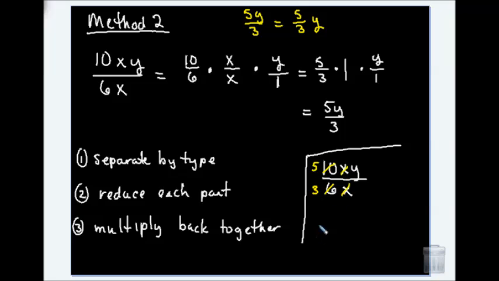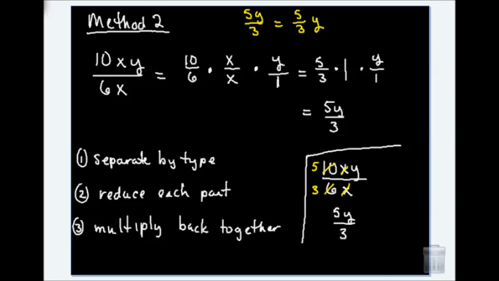So if this is something that you can do, then you can do it all in one piece. You don't have to split it all up, but again, everybody's brain works differently, so everybody's going to feel more comfortable with something different, but there's more than one way to do it. So pick the way that makes the most sense to you and use that one because it's all the same.